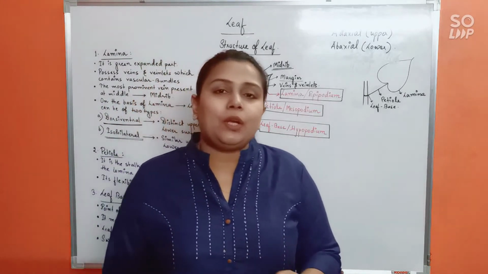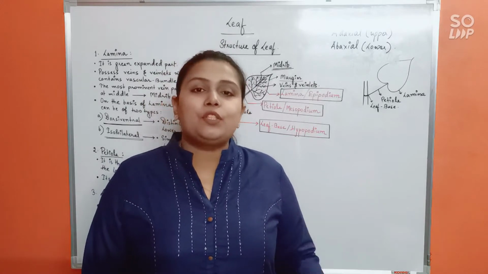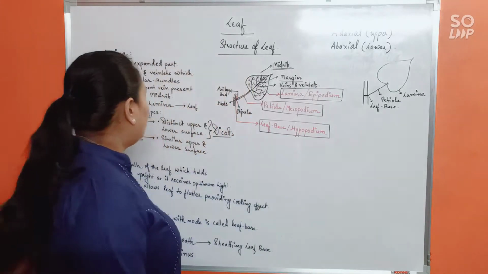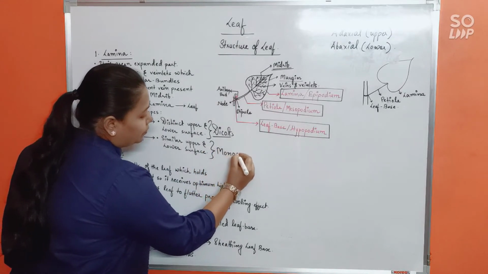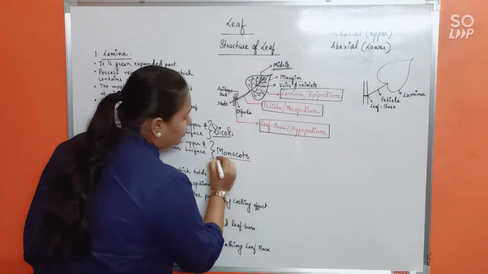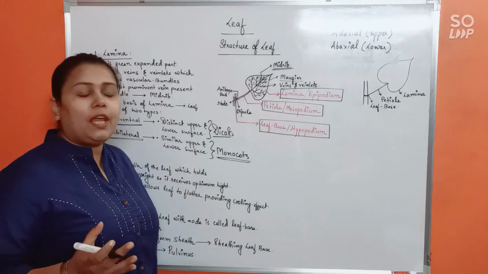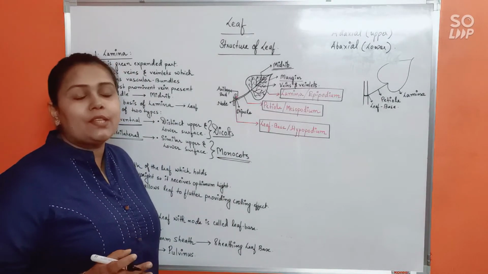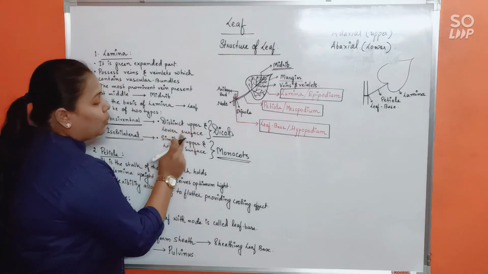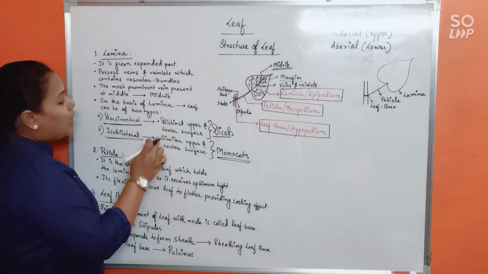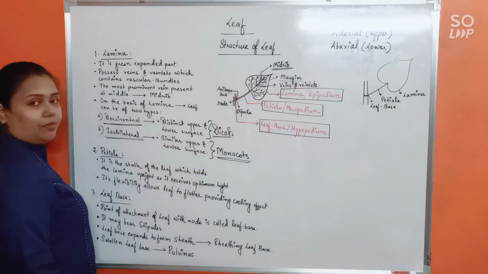It means they are equally green and also possess an equal number of stomata. It is mostly found in the monocots. So on the basis of the lamina itself, we can differentiate the leaves into two categories: dorsiventral, that is distinct upper and lower surface, meaning dissimilar, and isobilateral, similar upper and lower surface.